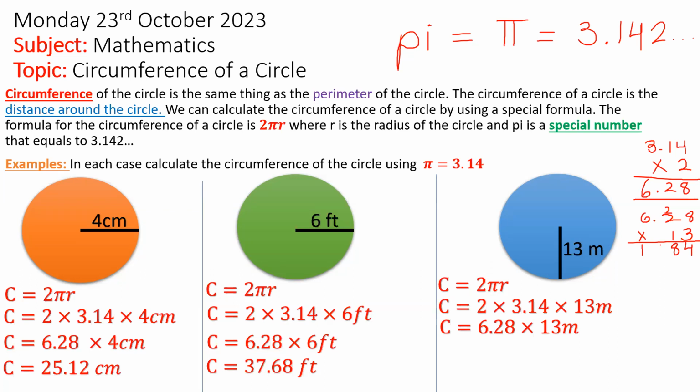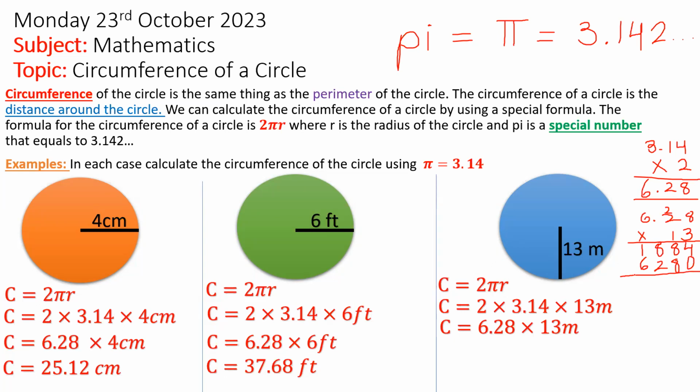So are we done? We have 1,884. Are we done? No, we need to put a placeholder, which is 0. And then we do 1 times 8, which is 8. 1 times 2 is 2. Do we count the extra 2 on top? No, that's from the previous row. 1 times 6 is 6.